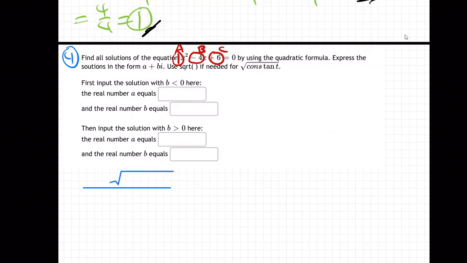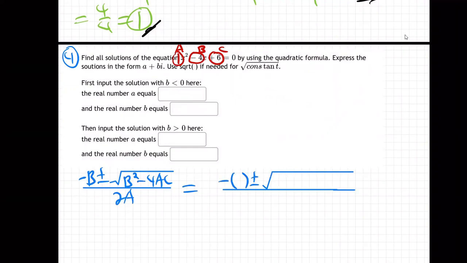We go right here. Okay, so it's going to be -b plus or minus the square root of b squared minus 4ac all over 2a.